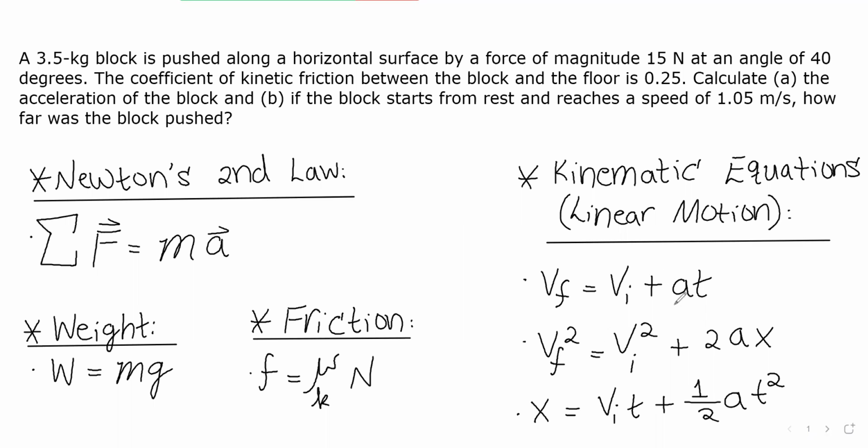So notice how all kinematic equations contain A, and that's how they're linked to Newton's laws. Because usually you find A using Newton's laws, and then this allows you to use kinematics to find velocity or time or distance. Now, I'm not asked for time, and I'm never given time. So clearly, we'd like to use this kinematic equation since it doesn't contain t, but it does contain x, which is what we're trying to find.